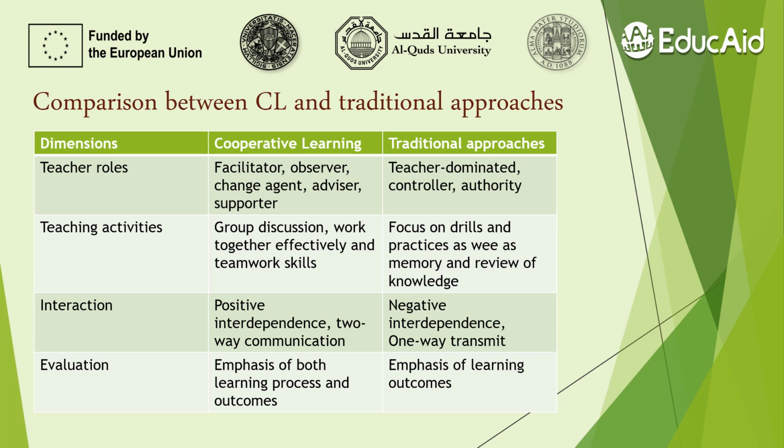As you can see, the cooperative learning strategy is something that valorizes a more democratic, more student-centered approach. So it is a practice that could really transform in a more inclusive way the context of the classroom.